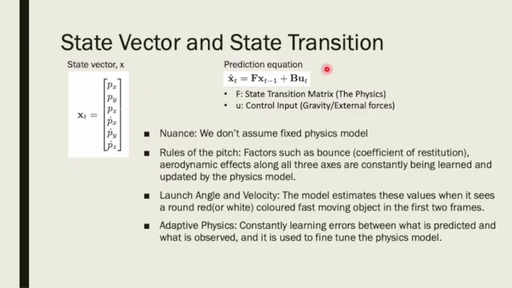It doesn't know who's bowling or how fast they're bowling or where the ball is being released from. It only waits for the camera to detect a ball-like object, and from the first two frames, it calculates its initial prediction, the initial position and velocity. From there, the transition matrix, a rule of physics, takes over to predict the next 1/100th of a second in a loop over and over again.